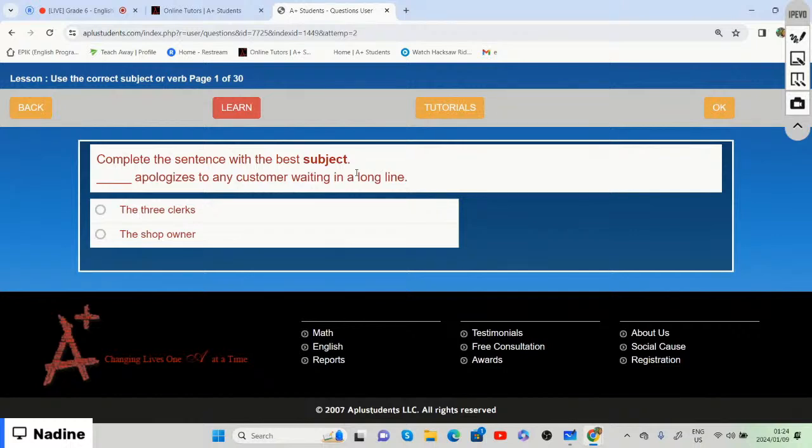Which one is the best subject? The first one, which is plural, or the second one, which is singular?